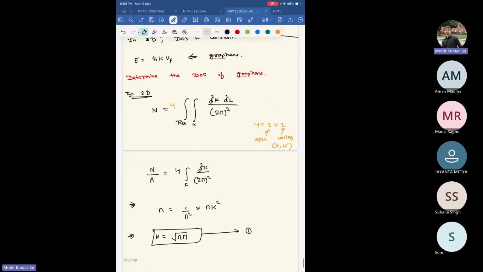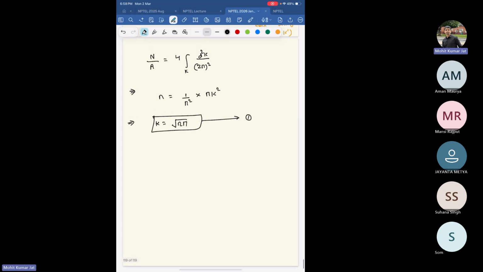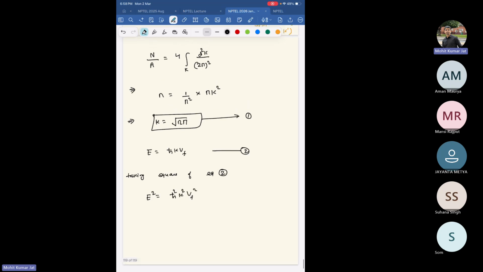The other relation which we have is energy. So E is equal to h bar k Vf. So taking the square of equation 2, E square is equal to h bar square k square Vf square, right?